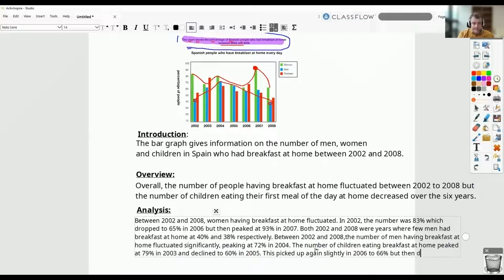But then declined significantly to its lowest number in 2008, when only how many percent? 45% of children, Spanish children, had... there we go.